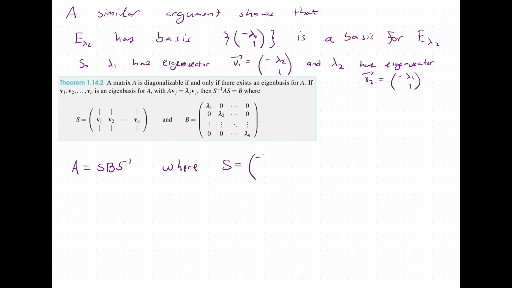So we have negative lambda 2, 1, and then the second column is negative lambda 1, 1, and B is the diagonal matrix of the eigenvalues. So now we have lambda 1, 0, 0, lambda 2. And now we can finally look at A to the n of 0, 1, which we know is going to output the nth Fibonacci number and the n plus 1 Fibonacci number.